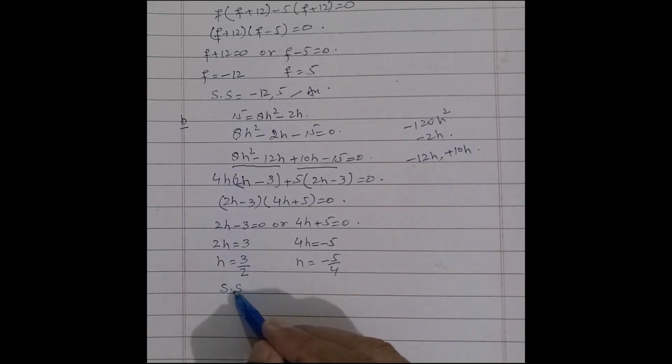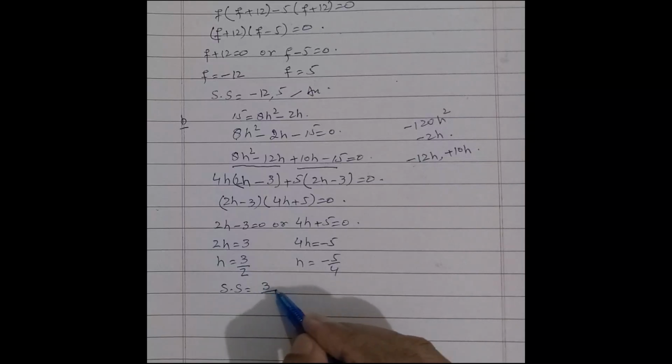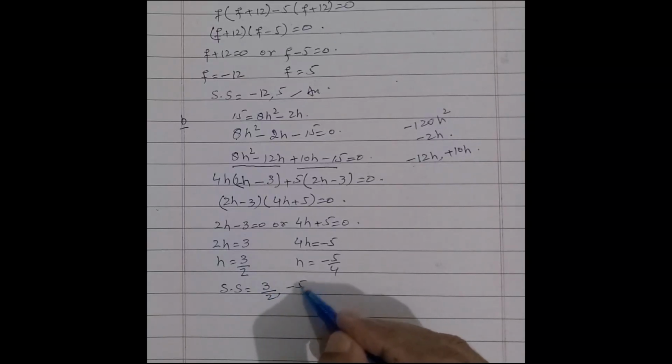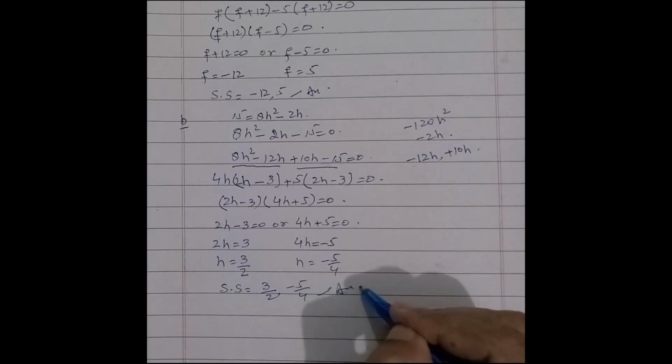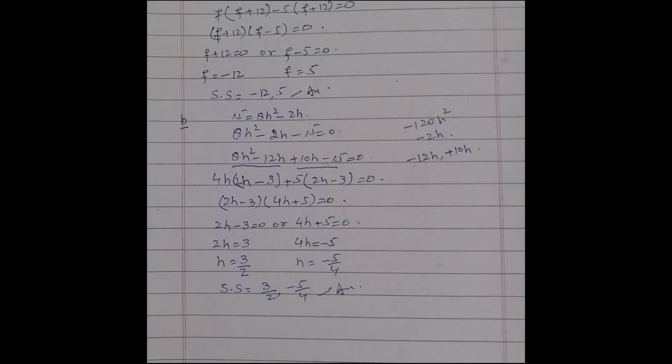Hence the solution set is 3 over 2 and minus 5 over 4, which is the answer of the B part of the question.